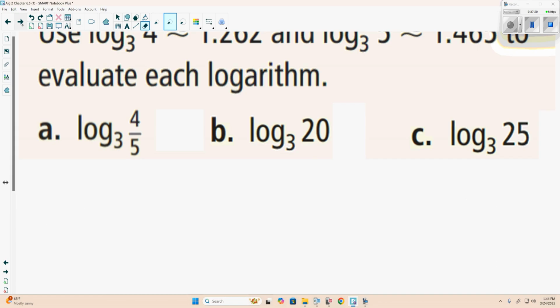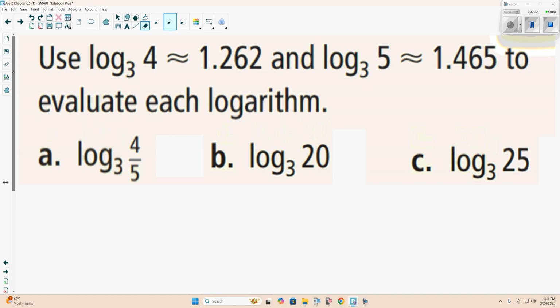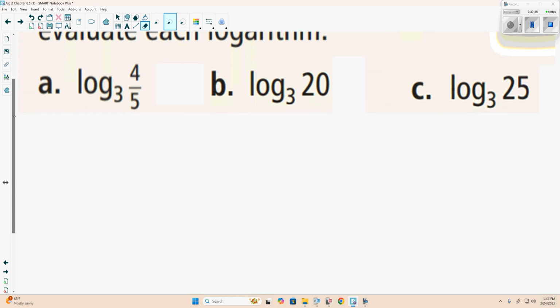But even nicer still is that the graphing calculator will do all of these for us. And we'll find ways to actually type these into the 30XS. We won't get to it today, but we will have something called the change of base.